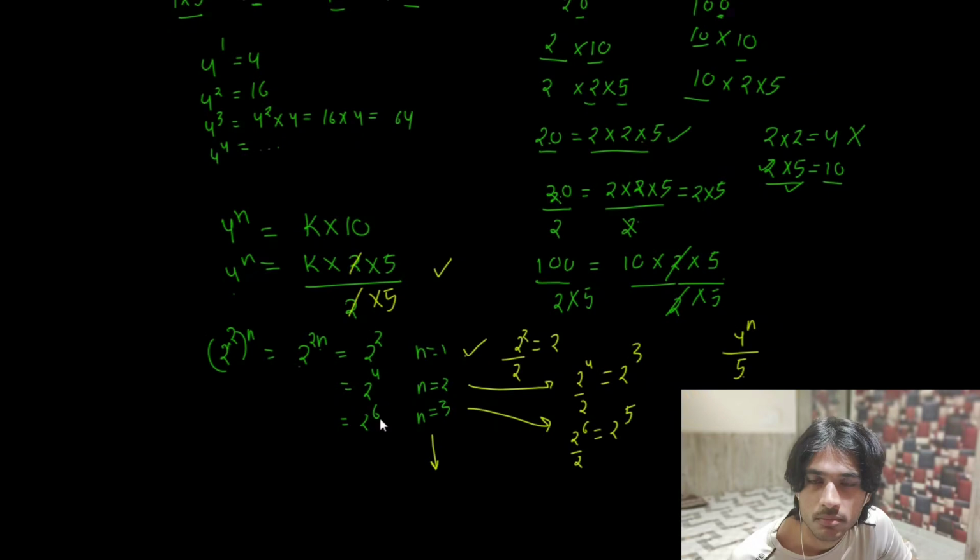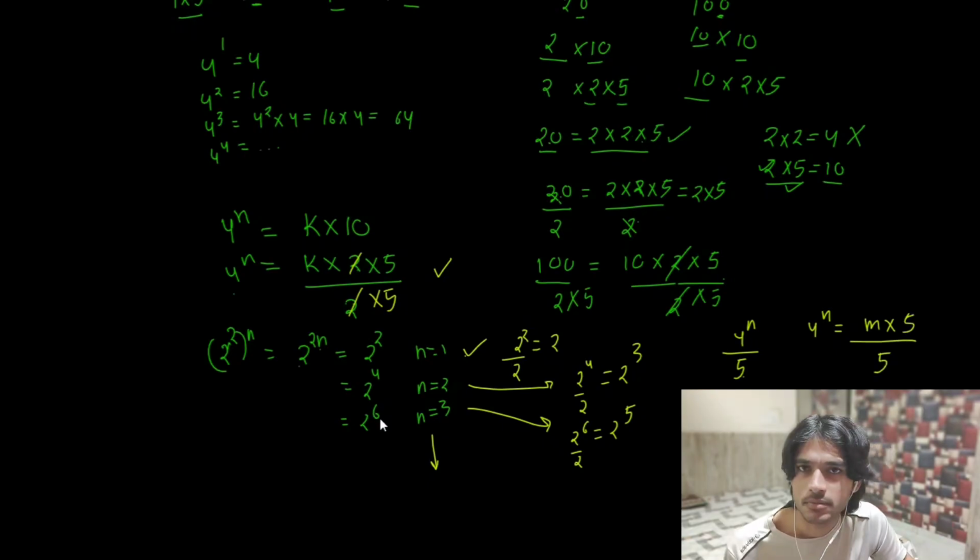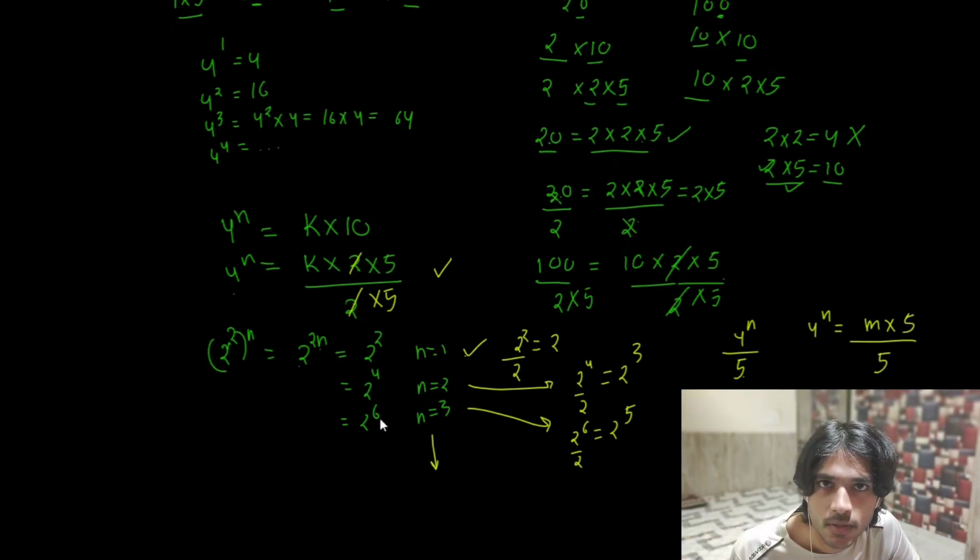For that to happen, because 5 is a prime number, the only way 5 will ever divide 4 to the power n is if 4 to the power n can be written as, let's say, m multiplied by 5. Just think about it. 5 is a prime number. So if I say that 5 divides 4 to the power n, then in prime factorization form, it must be written like this, m multiplied by 5.